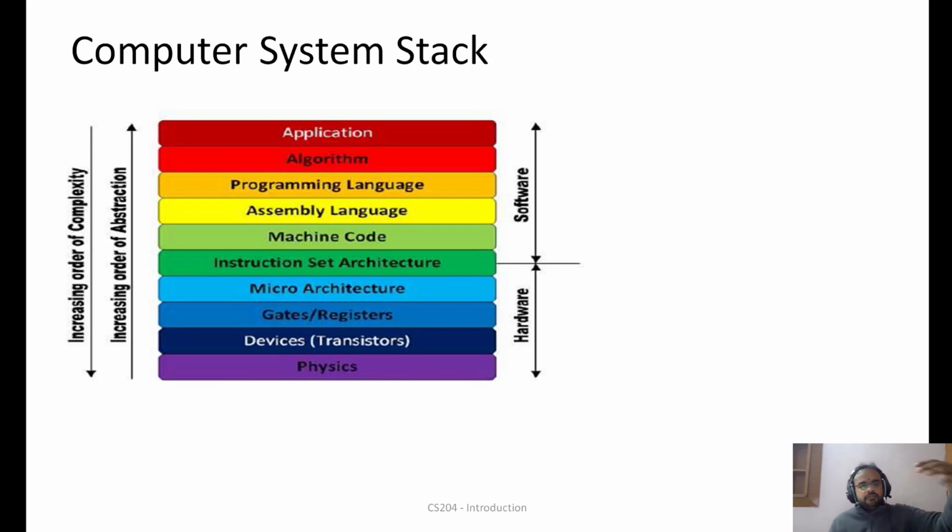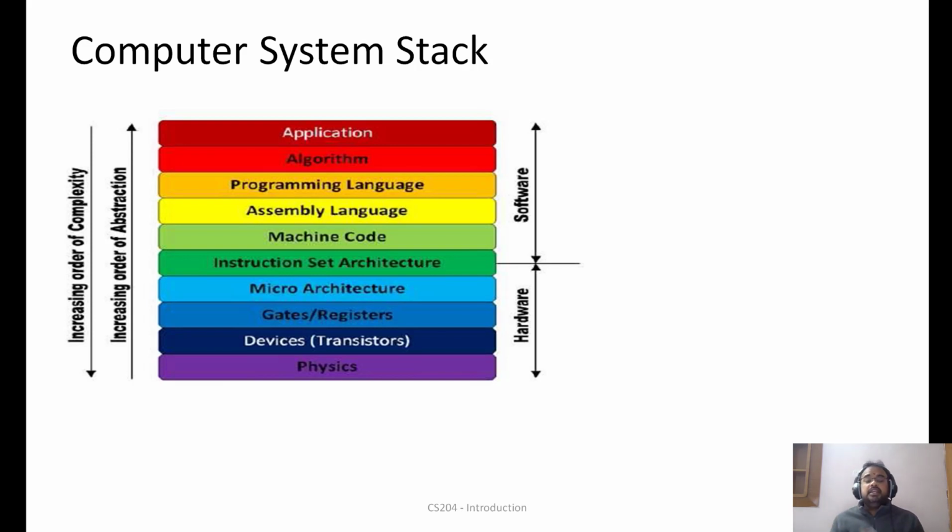So if you start from the top, we have an application in mind. For that, we pick an appropriate algorithm, and to implement that algorithm, we pick an appropriate programming language that will be converted to assembly language using a compiler. That's what we do typically once we are done with verifying the correctness of the program. We are going to compile it.